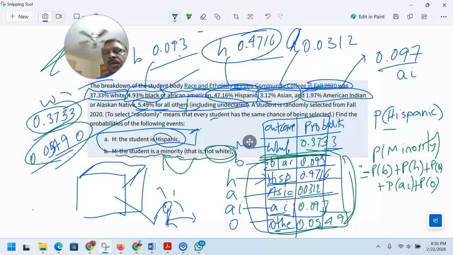So all you are doing is adding all those five numbers, and you end up getting 0.6267.